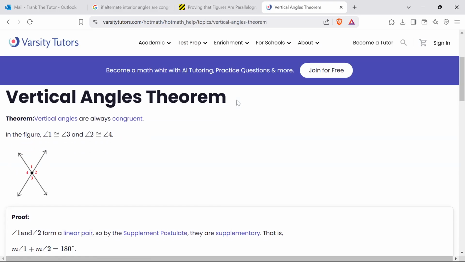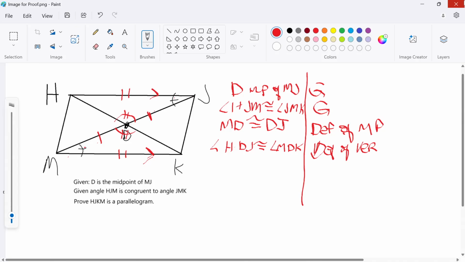Oh, the vertical angles theorem. Vertical angles are the same. So this is not the definition of vertical angles, but the vertical angles theorem, that vertical angles are congruent. I don't have all these theorems in front of me, that's why I don't know.